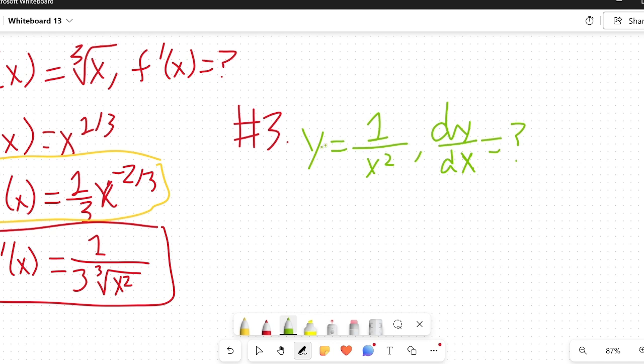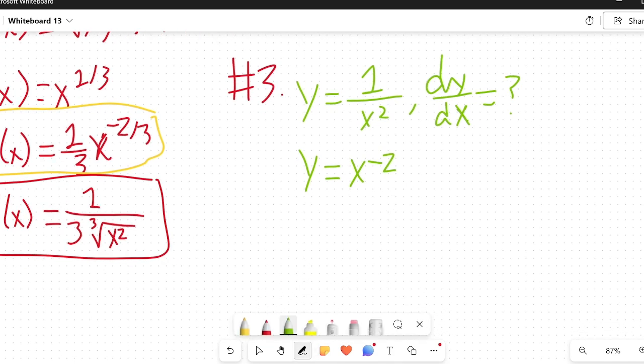So remember, in order to use the power rule, it has to be in the form x to the power of something. Then we can use power rule, right? Otherwise we can't. But in this case, we can just convert it. We can convert this to y equals x to the negative 2 using our negative exponent rule.